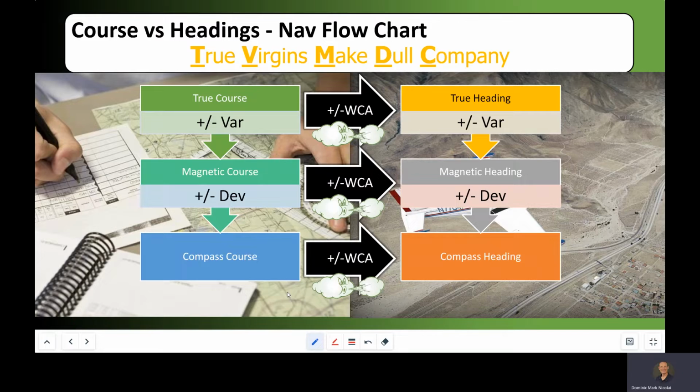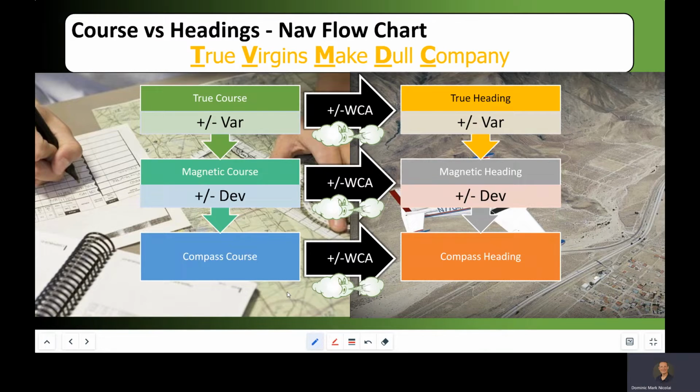You start with true course. You figure out, if you look at the boxes there, the box below true course is for the wind correction angle. And then the next box over is true heading. And then we add or subtract our variation. See, that box is lined up on there to give us magnetic heading. And if you're flying that Cirrus aircraft, that's where you usually just stop, because we have a magnetometer on board that reads magnetic heading for us.